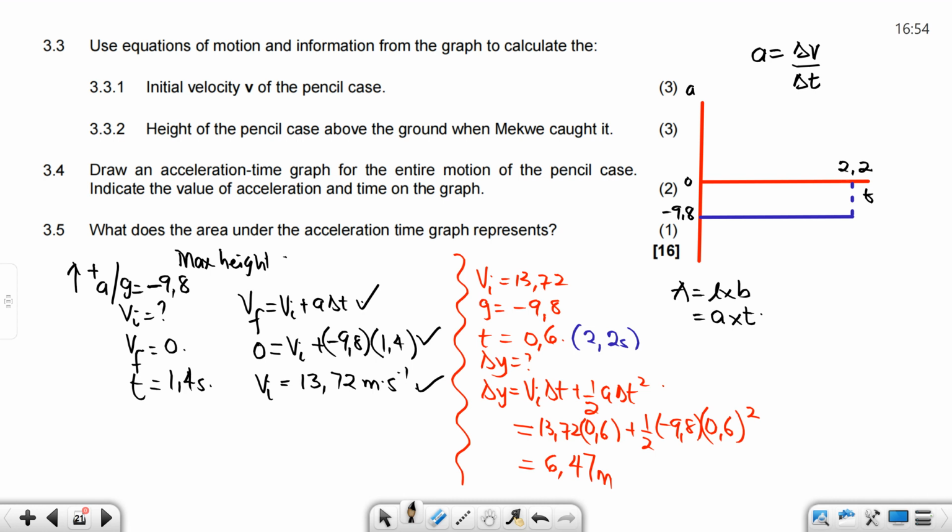Let's cross multiply. Change in velocity equals a multiplied by delta t. It's not velocity. It is change in velocity. It is Vf minus Vi. That's the answer. Area. I taught you how to deal with graphs. I taught you 3 ways of doing graphs. Multiply, divide, rearrange.